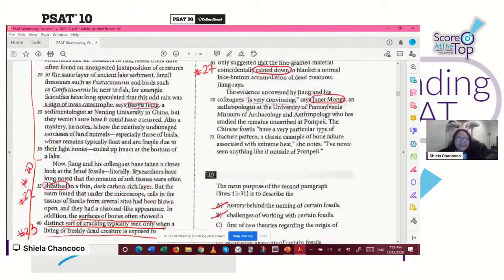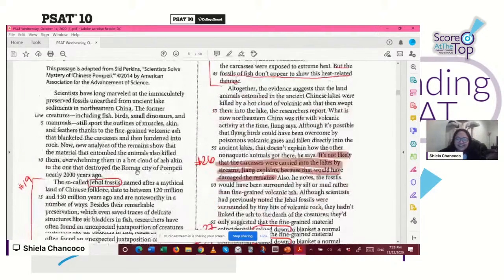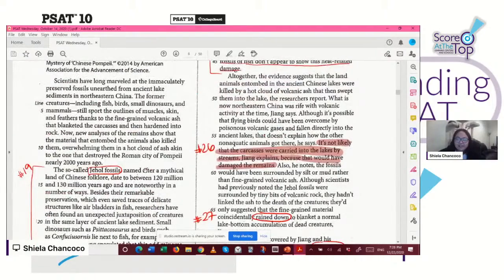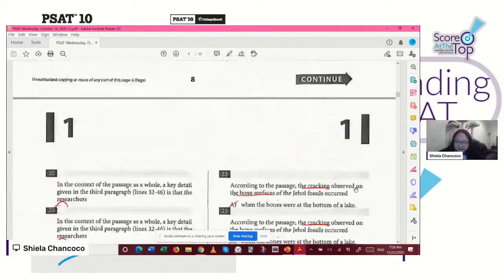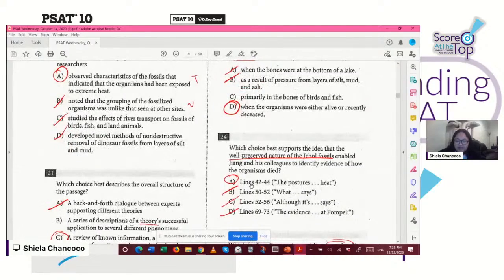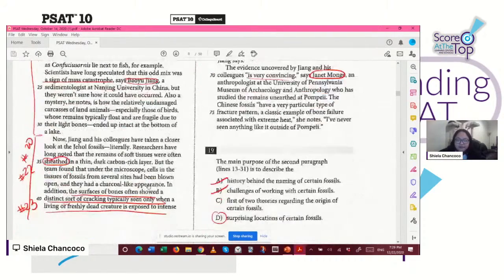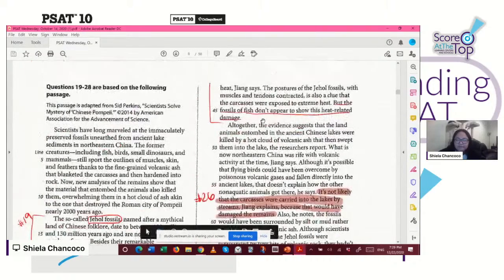So more than likely, this one was very interesting in that, let's see, I want you to look. Line 42 to 44, right? It tells you that the postures of the fossils, with muscles and tendons contracted, is also a clue that the carcasses were exposed to extreme heat.